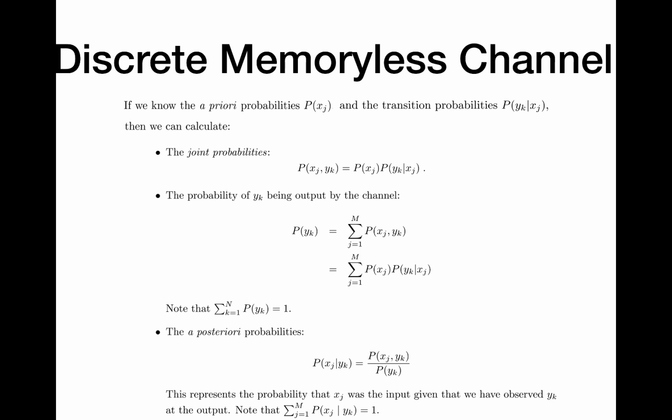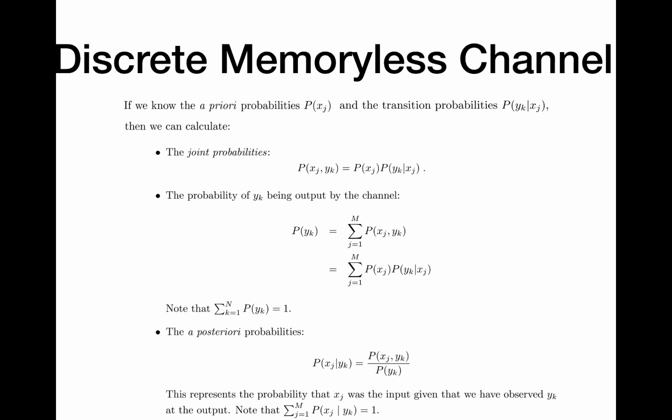In case of a posteriori probabilities, your xj comes first and then yk comes next. So basically this is the probability that xj was transmitted given that you observe yk at the output. And this can be easily calculated in terms of the joint probability and the probabilities of yk.